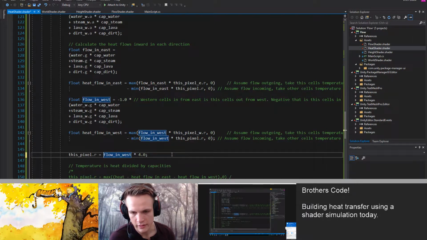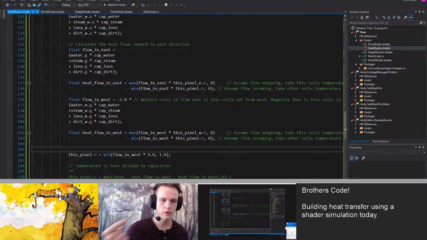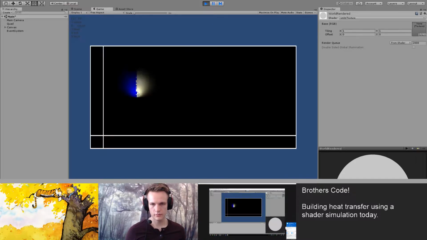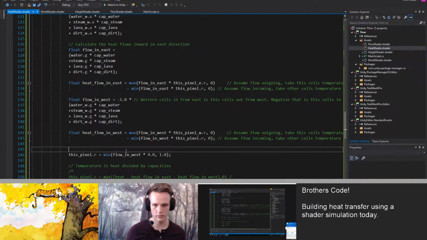What this should do is say this is flowing in from the west. So if it's flowing to the east, then we should get a color. Sounds right to me. Nope. That's flowing to the west. So that's just wrong then.